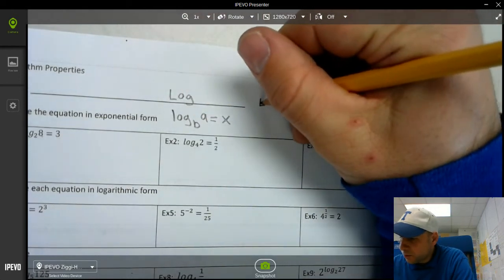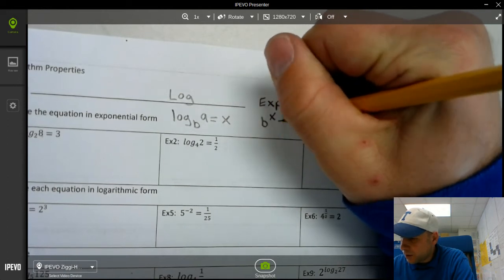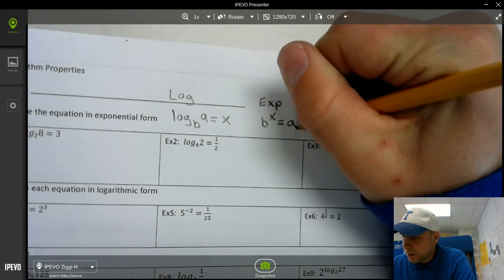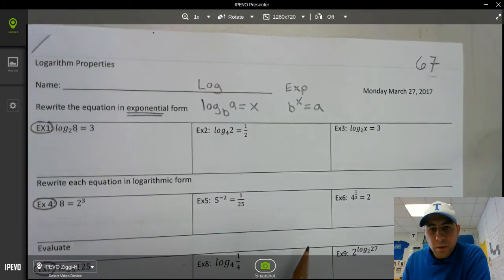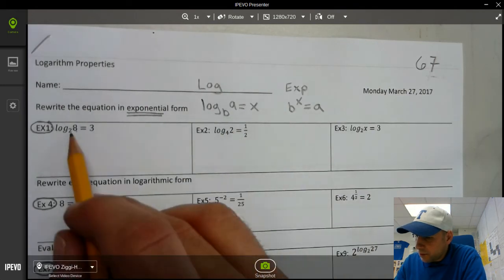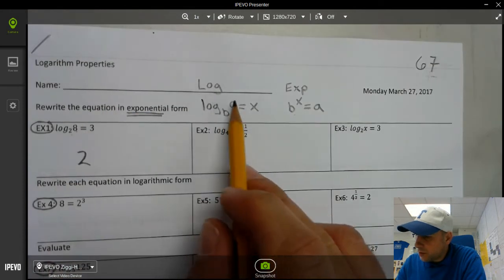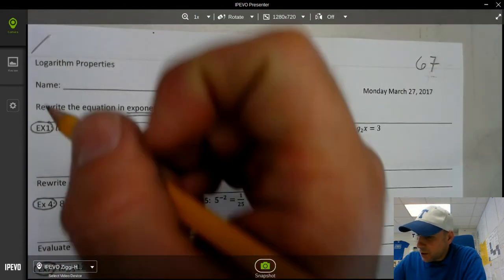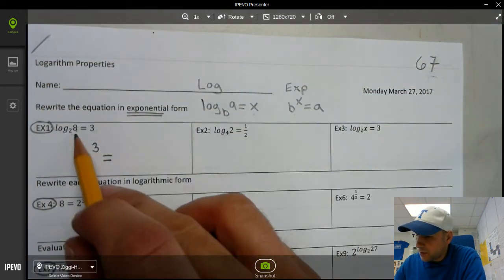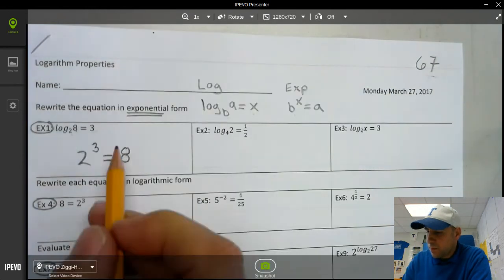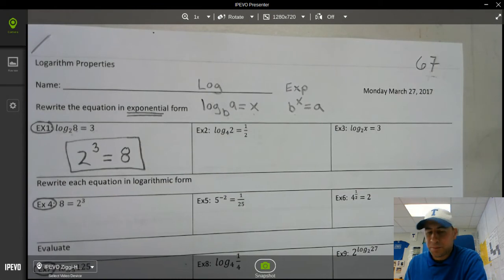And then the exponential is b to the x equals a. So they want it in exponential. I recognize my base. My base is 2, so my 2 is here. The x position, which is the 3, equals the a value, which in this case is 8. All right, and that's now in exponential form.